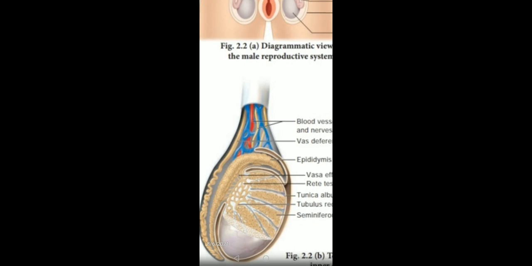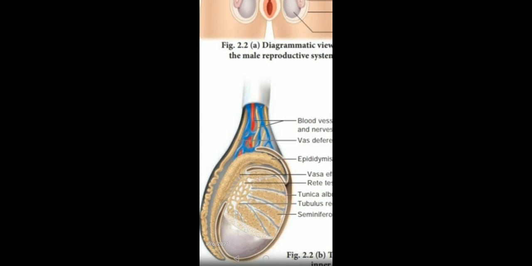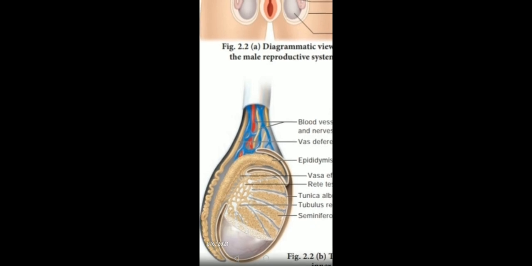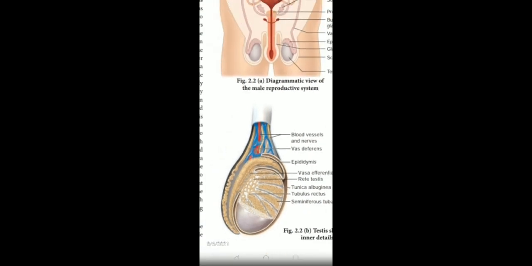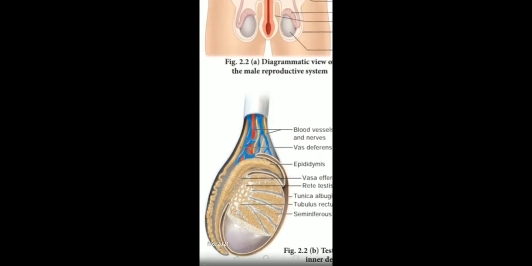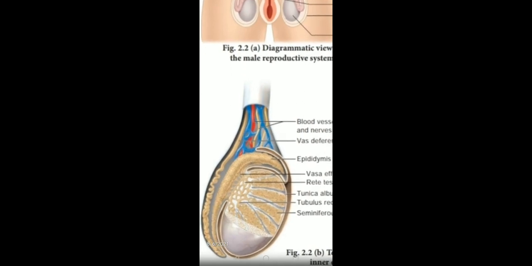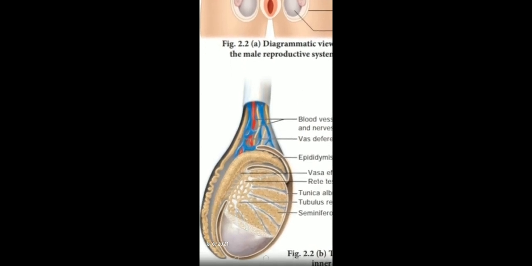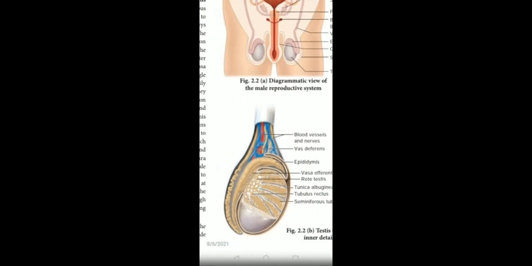The epididymis leads to the vas deferens, which joins the duct of the seminal vesicle to form the ejaculatory duct, which passes through the prostate and opens into the urethra. The urethra is the terminal portion of the male reproductive system and is used to convey both urine and semen at different times.